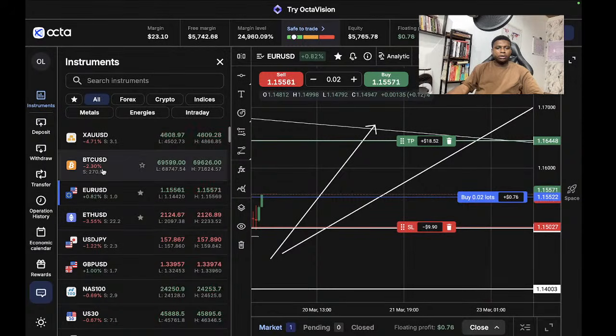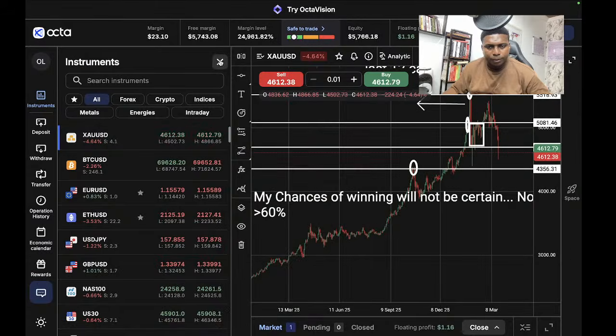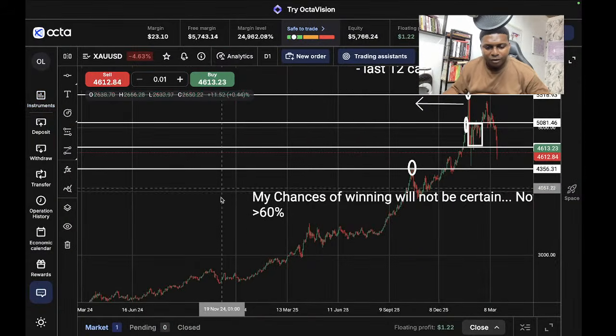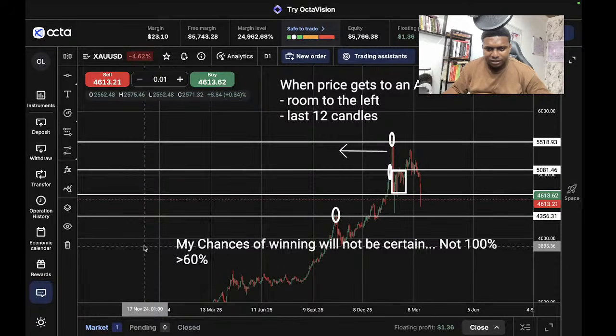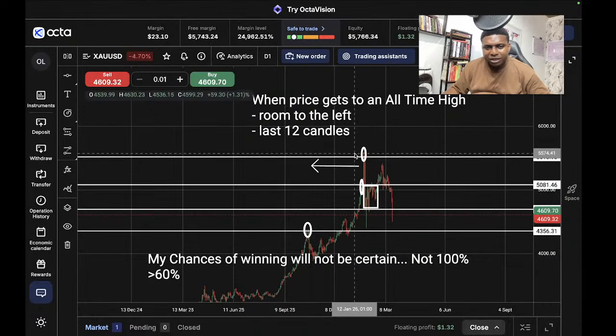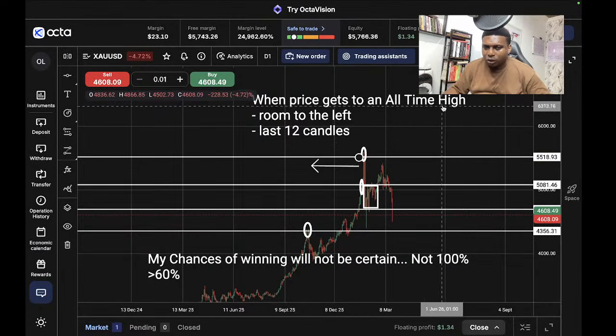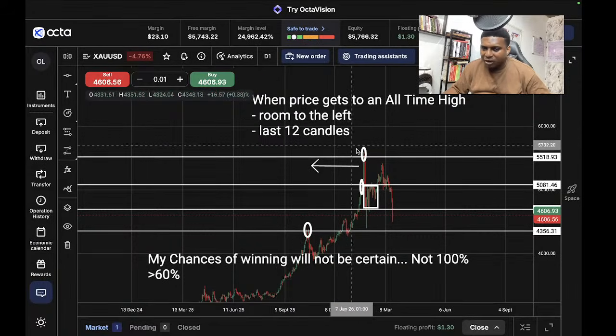All right, let's look at gold. Someone mentioned gold, so let's look at gold. In one of our webinars, we analyzed this, and I mentioned that when the price gets to an all-time high, look at the room to the left, or the last 12 candles.